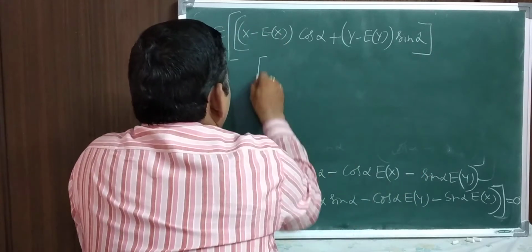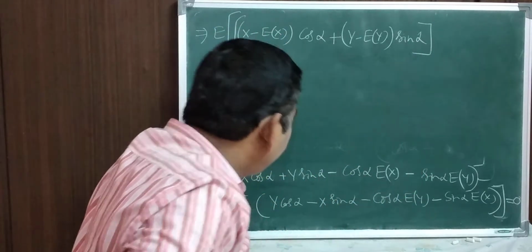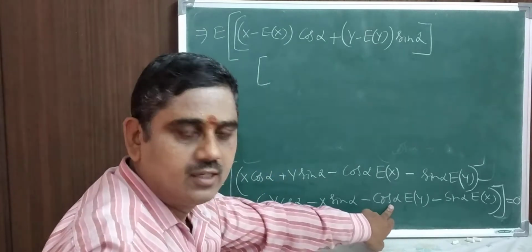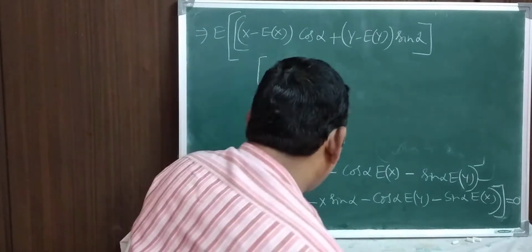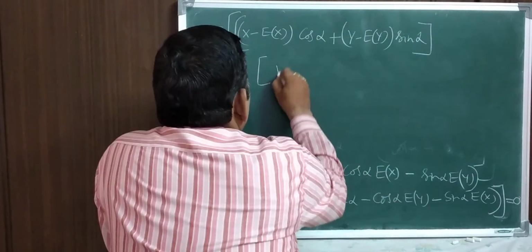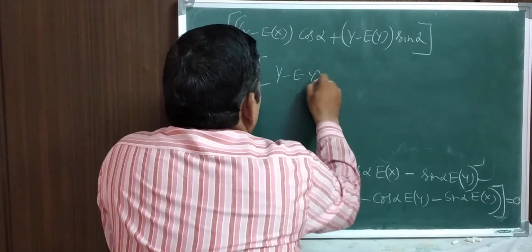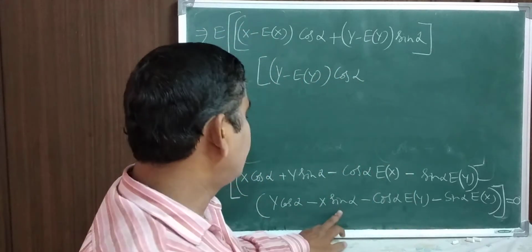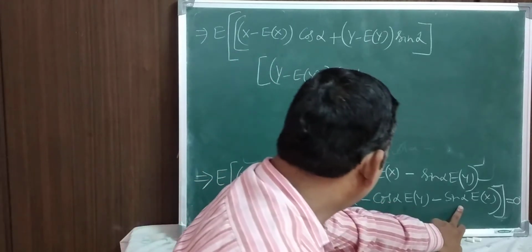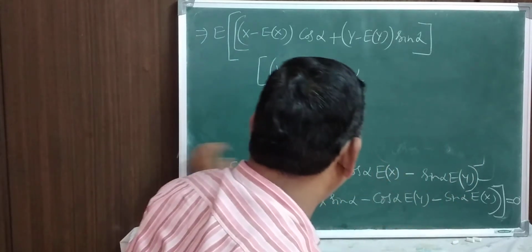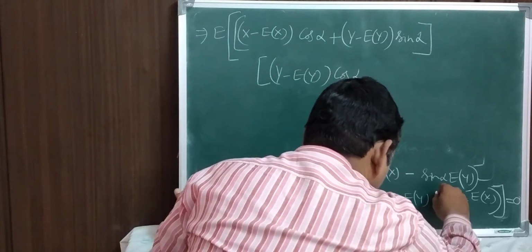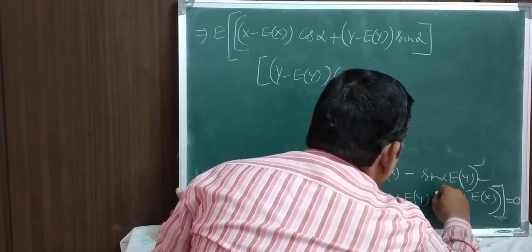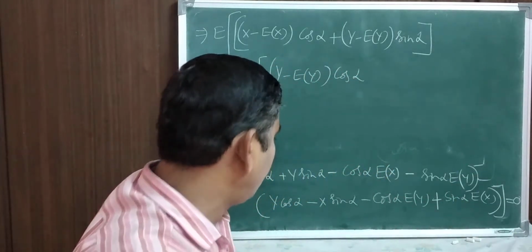And the second term I am writing here. What is the second term? Now y cos alpha, expectation of y into cos alpha. So if you take cos alpha common, then y minus expectation of y into cos alpha is one term, and minus x sin alpha, minus of minus is plus, exactly.